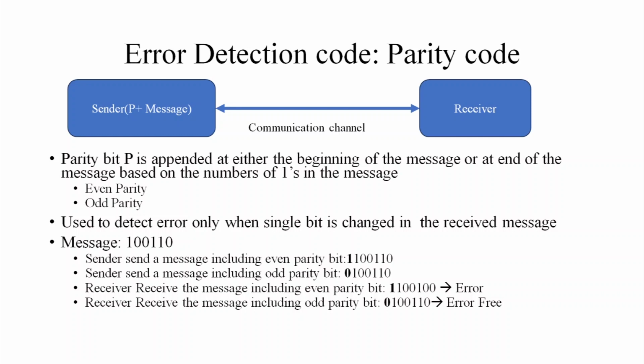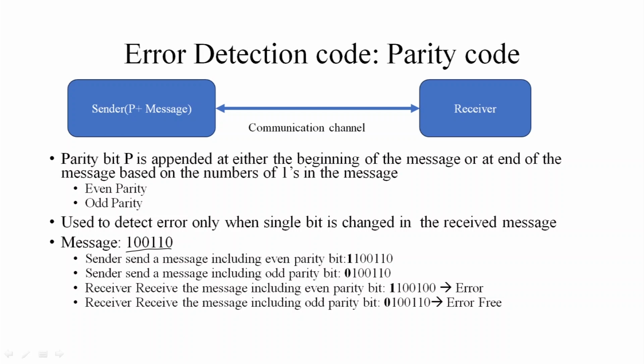Let us take an example. Suppose the message is 1001110. What is even parity? Even parity means the value of the even parity bit depends on the number of ones present in the message.